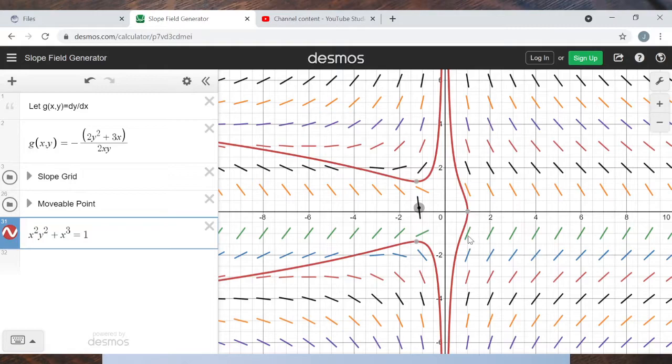All right, you see how this little green segment's pointing this way, so is the curve. This one here, so is the curve pointing this way. And it's looking decent. And this is, again, plug in any constant on that other side. You should get a solution curve that fits into the slope field pretty well. All right.